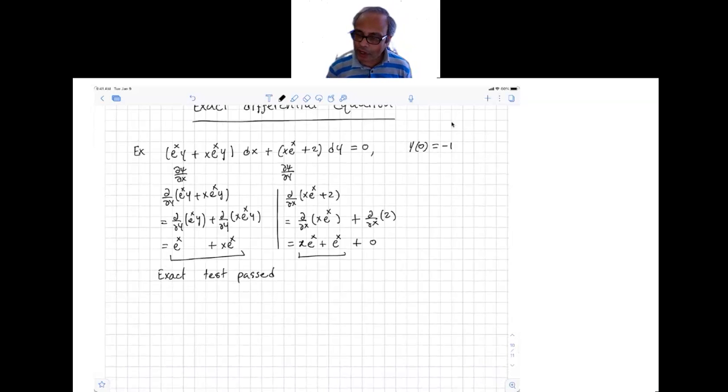It is not required to write this word, but it is always a good idea. You write something to indicate that the equation is exact, you have tested, test passed, so that you can avoid mistakes and it is clear. Once you know that the equation is exact, you look at here.